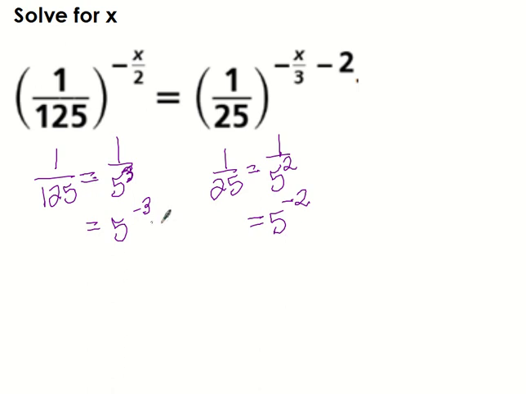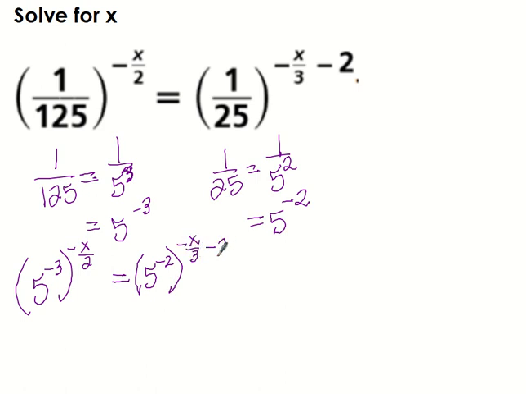So now that I have common bases, I'm going to have all of this with this common base. So I'm going to have 5 to the negative 3, that's the stuff inside the parentheses, raised to the negative x over 2. And that's now equal to 5 to the negative 2 raised to the negative x minus 3 over 2.